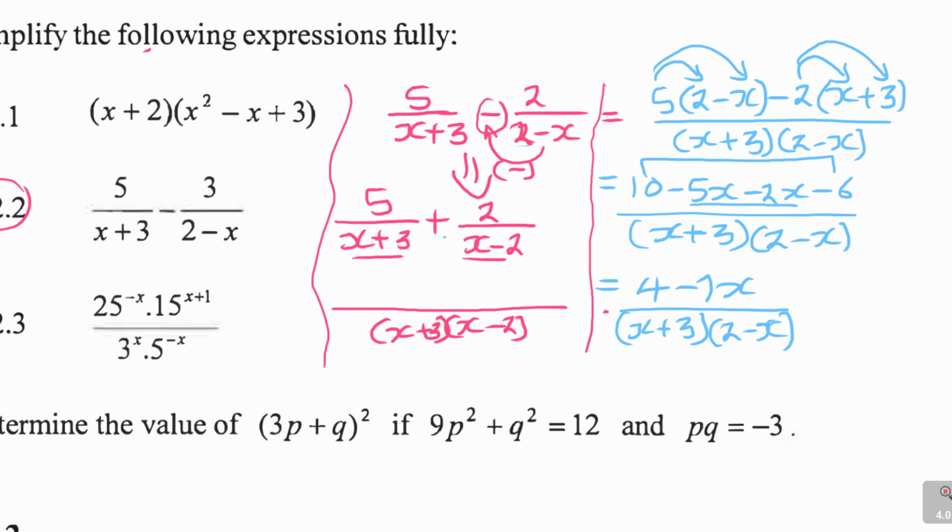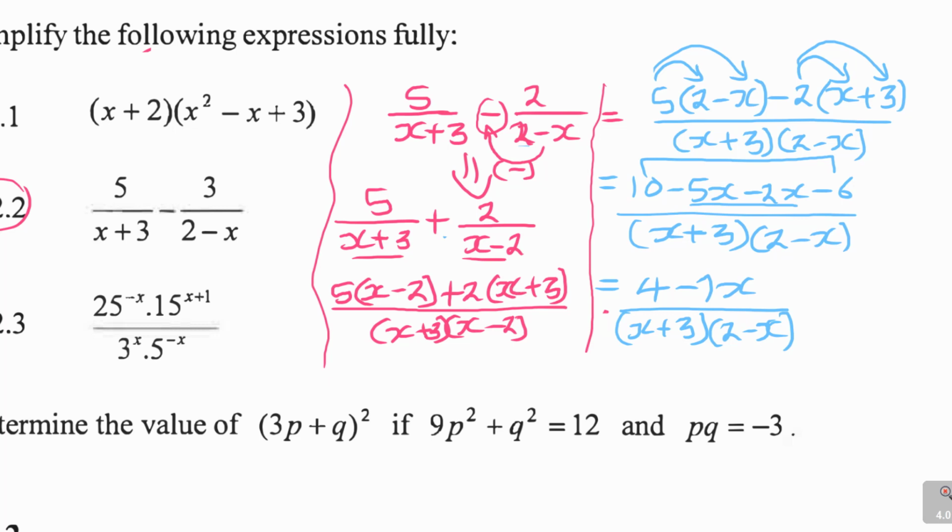So let's do that. We are going to say 5, the top, multiplied by what remained, which is x minus 2, plus, again if you cancel here and cancel here, the 2 on top will multiply what is remaining there. Are you seeing that? So it will be 2 multiplying x plus 3. Are you with me?